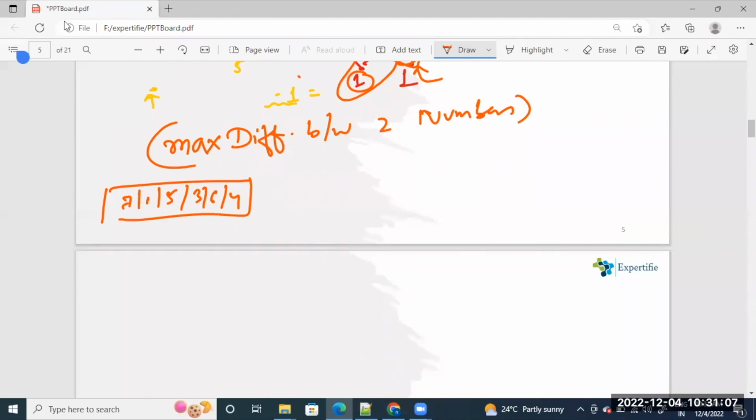Whenever any value comes, we start from here, because for a single value 7 we cannot have a profit. We require at least 2 values. Let's say this is my ith price, and this is the I minus 1 price.